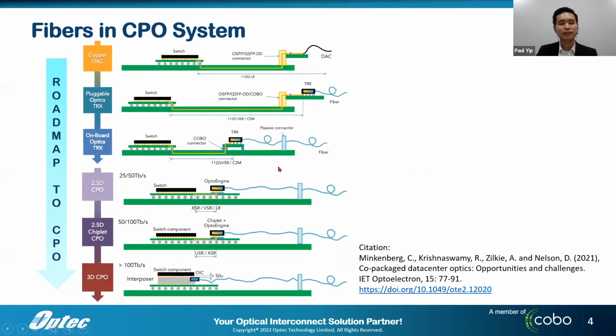This is my favorite diagram here from the IET optoelectron. It explains how pluggables were first used in the switches, and eventually the fiber goes inside onto the board through COBO connectors, optical engines, even the chipsets on the optical I/O, and finally goes inside the chipset chips through the interposer.